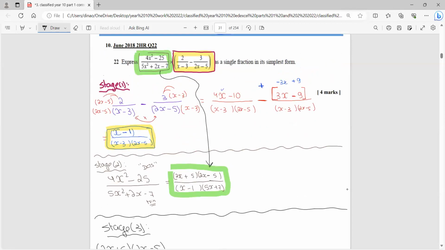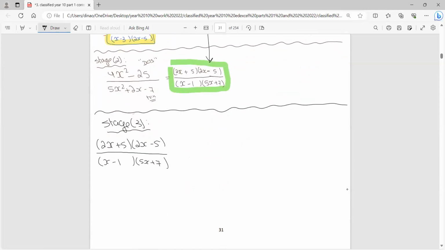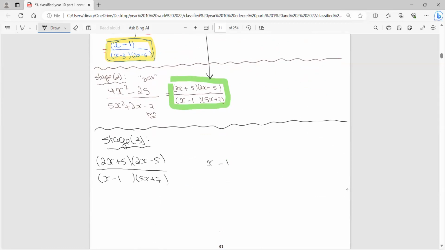And then remove the yellow, put its answer, which is here x minus 1, and my denominator which is x minus 3 and 2x minus 5.